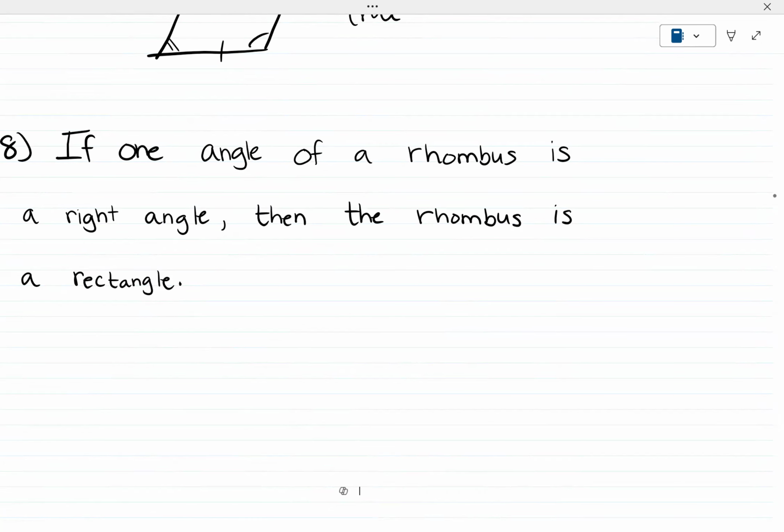Yeah, because in a rectangle, all angles are 90 degrees, right? So I'm going to say true.